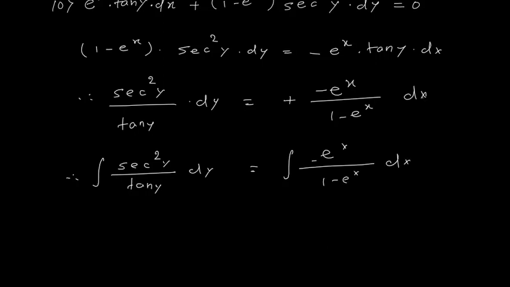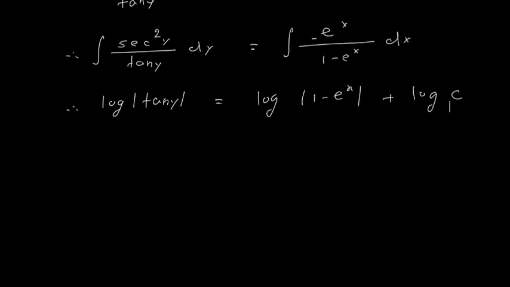So therefore here it is log of tan y and here it is log of 1 minus e power x, and the constant I will write as log of c. So log a plus log b is log of a into b.